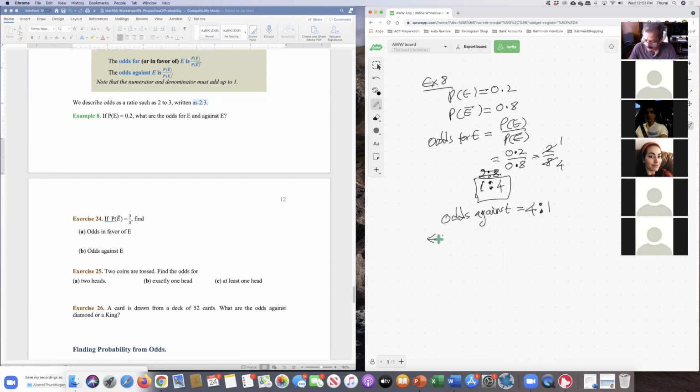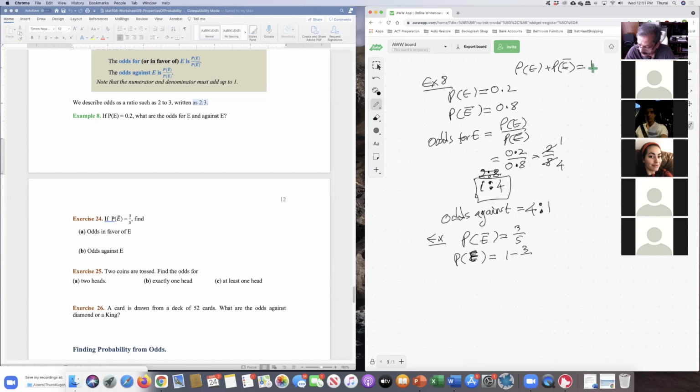That's an exercise you're supposed to be doing, but I'll do it with your assistance. Probability of E bar is given as 3/5. So I need to find probability of E to be able to answer any question about odds. What do I do? It's 1 minus probability of E bar, because probability of E and probability of E bar add up to 1.